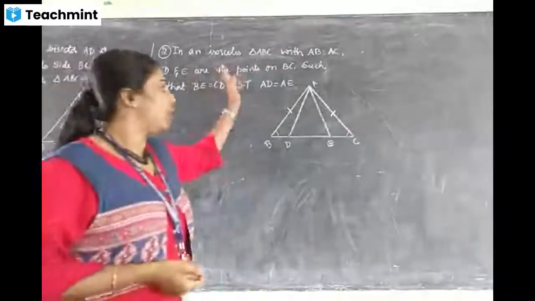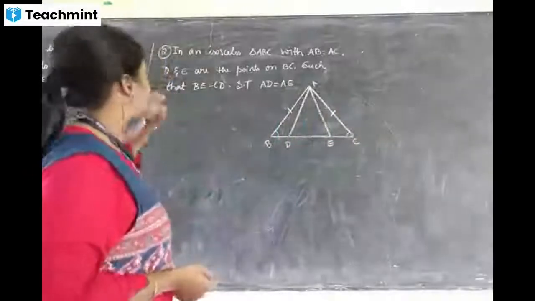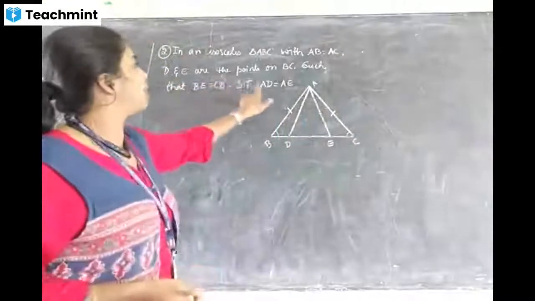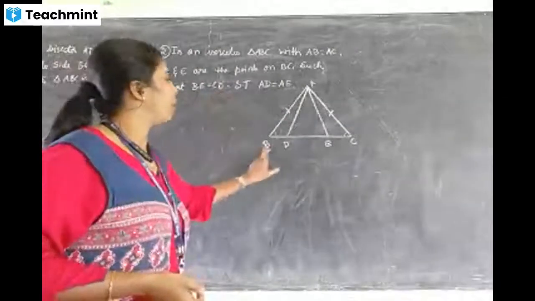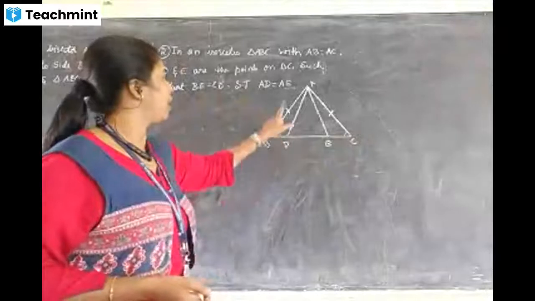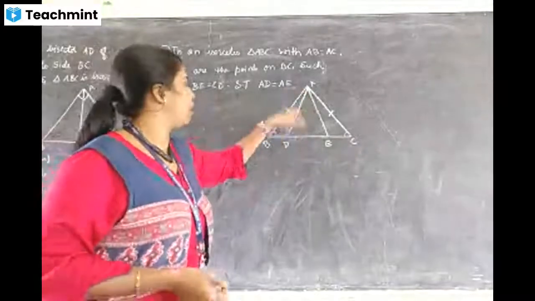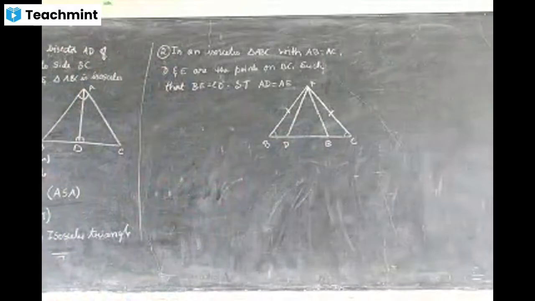It's given, so two sides are equal, two angles are equal. Okay. D and E are the points on BC such that BE is equal to CD. Show that AD is equal to AE.